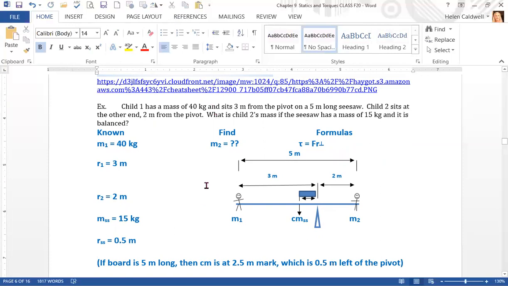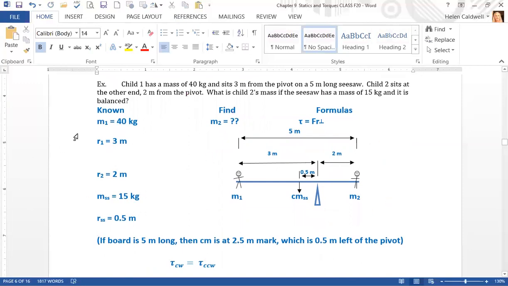So if we come in 2 meters on the right-hand side, we've got to come in another 0.5 meter for the center of mass of just the board, which I'm calling the seesaw. So the distance from the center of mass of just the empty board to the pivot point is 0.5 meter. Once you get your picture and the numbers organized, where again masses are matched with their lever arms, then we can start the problem.